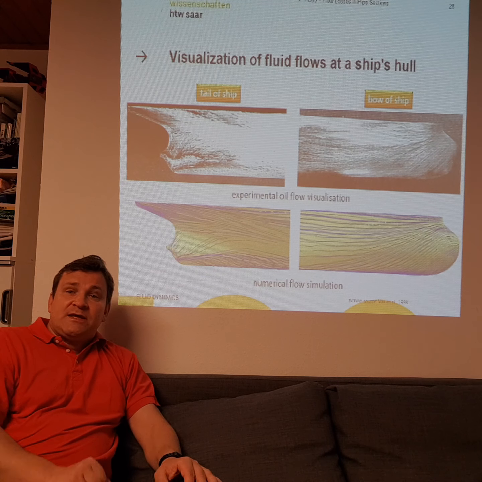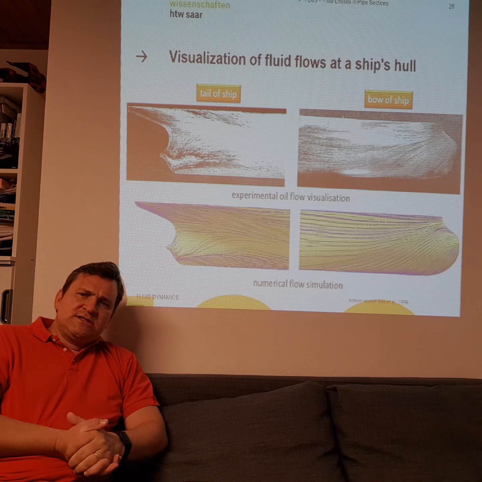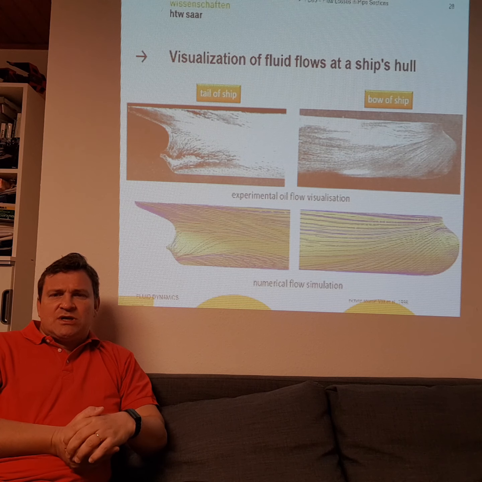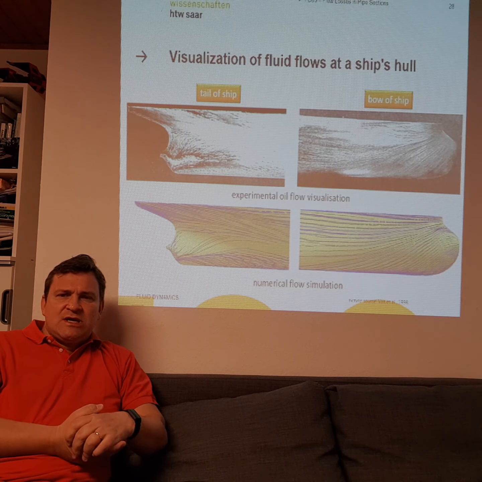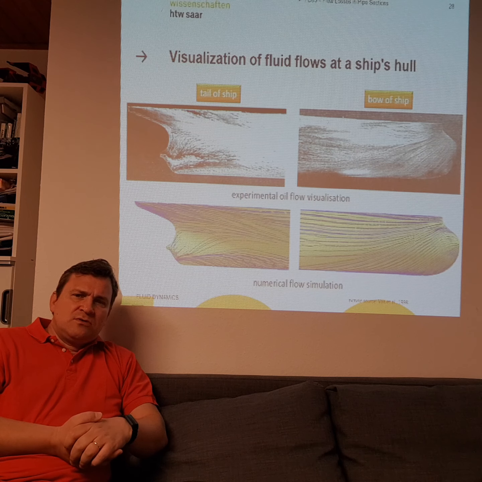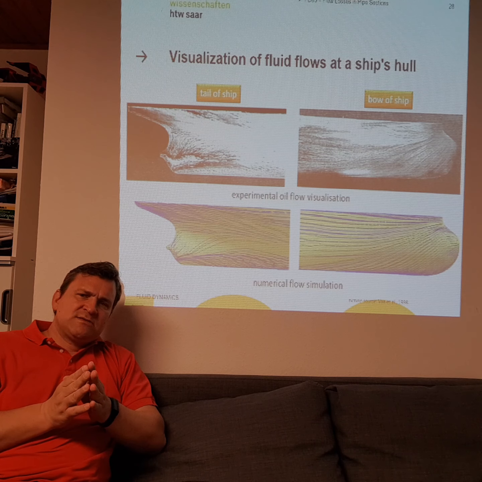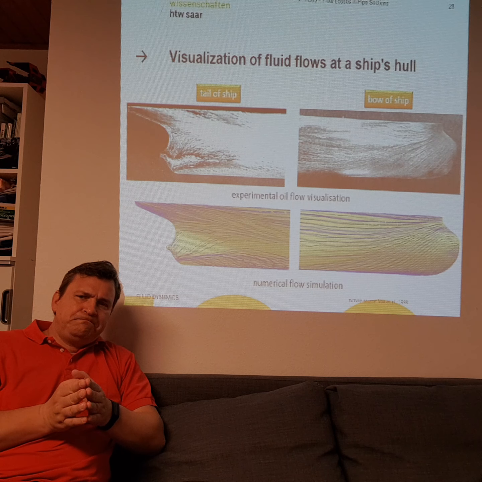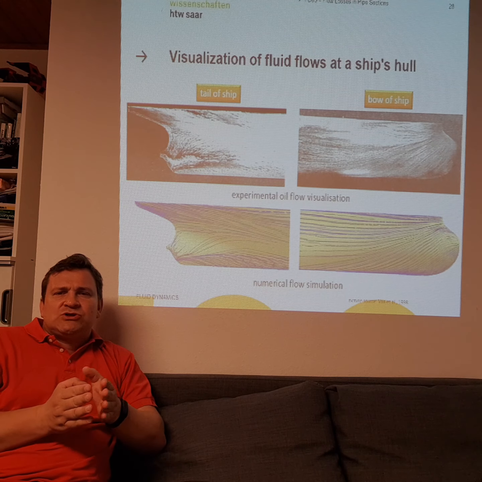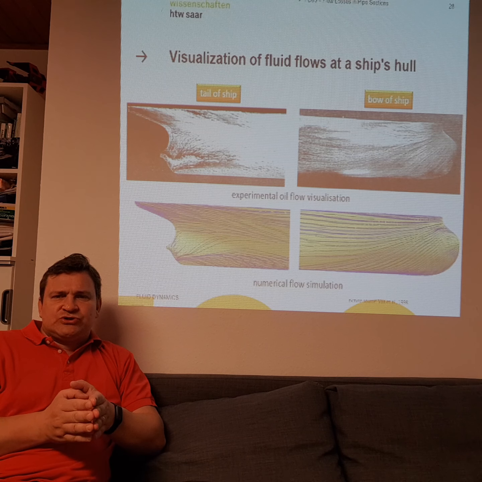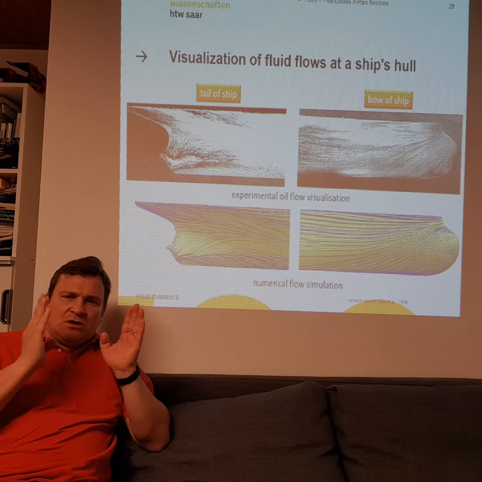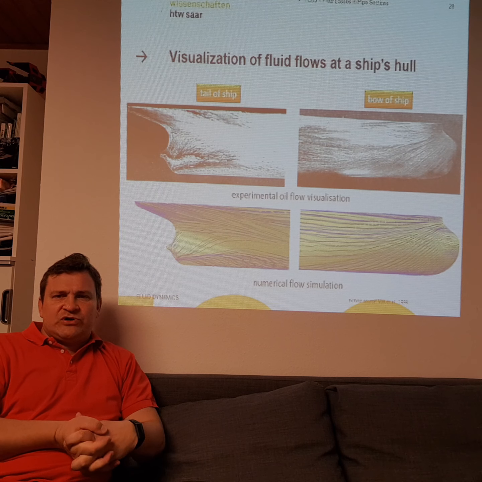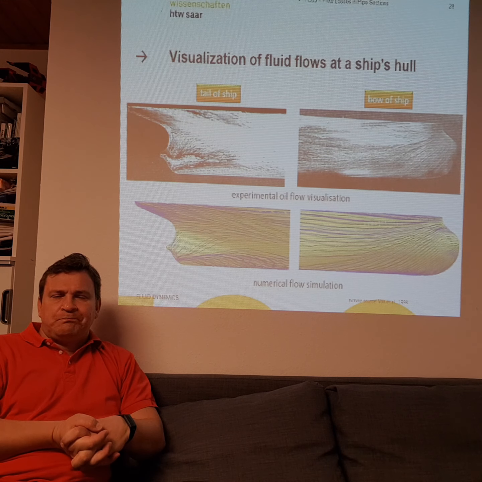Okay, here's another method to visualize fluid flows and pressure drops. Maybe that's a method I have not mentioned so often, but it's also big business. Ships have to slide through water, and here we also have pressure drops and fluid flow.